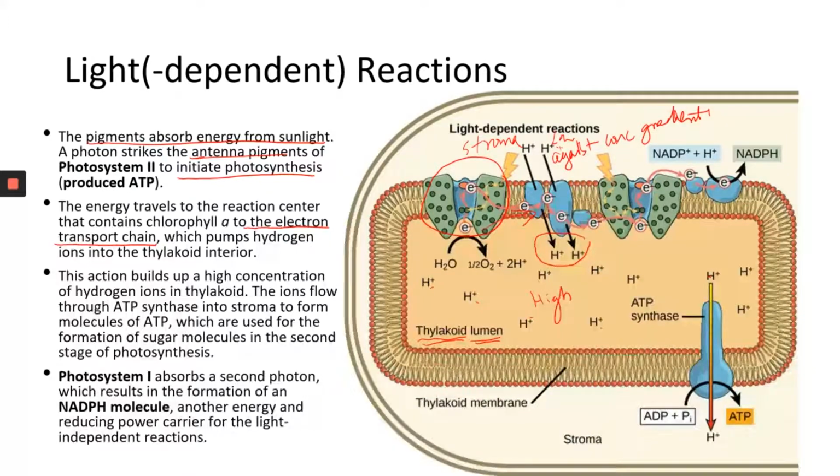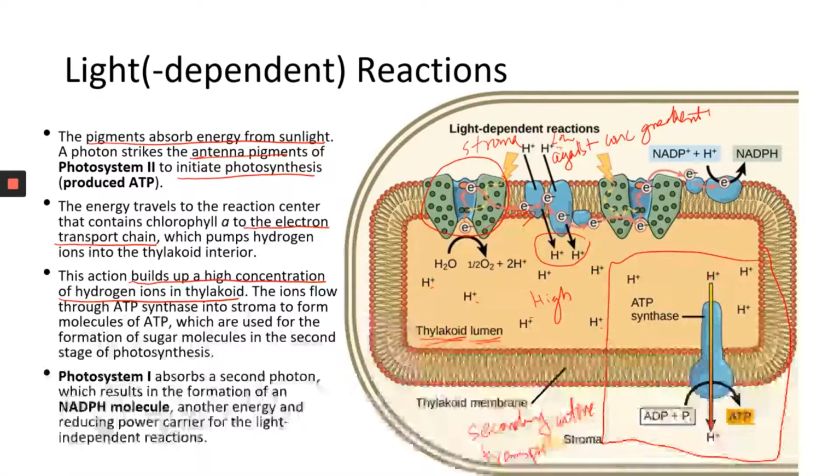All right, now this action builds up a very high concentration of hydrogen ions, and then on the nearby area of the thylakoid membrane over here, you're going to have the secondary active transport. Now, I don't know if you guys remember, secondary active transport does not require direct energy input, right?